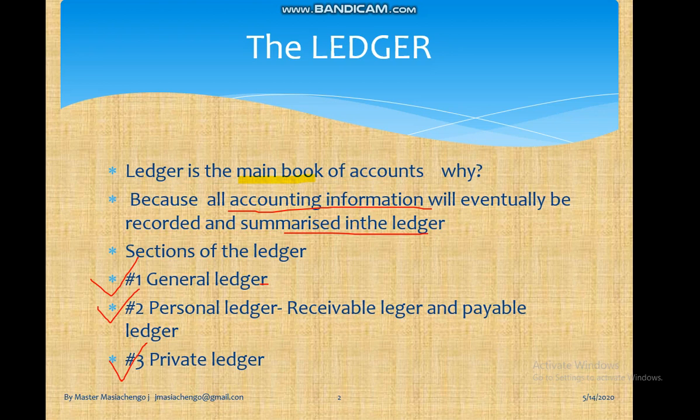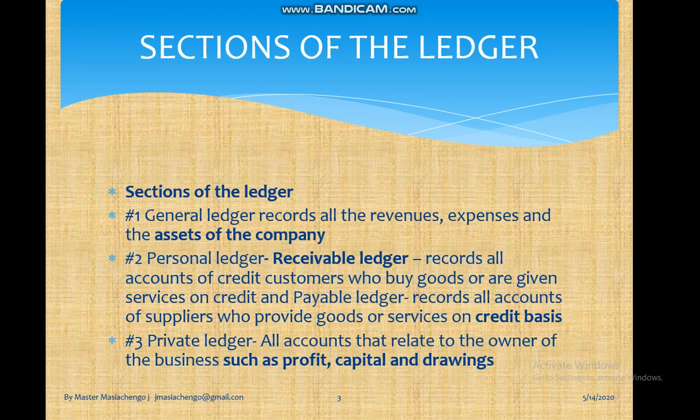The personal ledger is divided into two: the receivable ledger and the payable ledger. I will give you details of this later, but going back again, the ledger is divided into three main sections: the general ledger, personal ledger, and the private ledger.